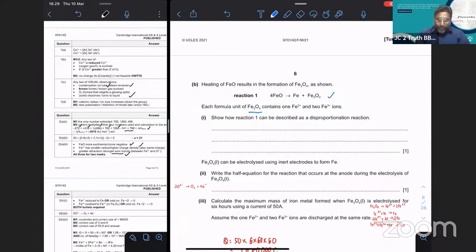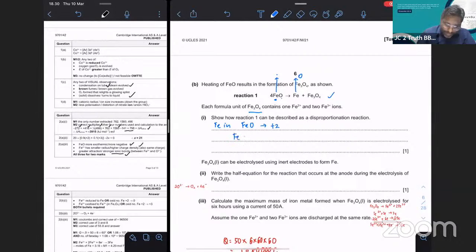You just need to calculate the oxidation number of Fe in FeO; this is -2, so this is +2. And then any neutral element will have 0.